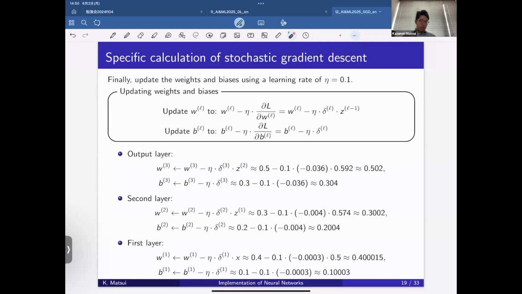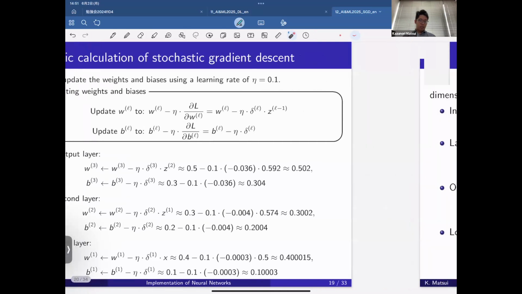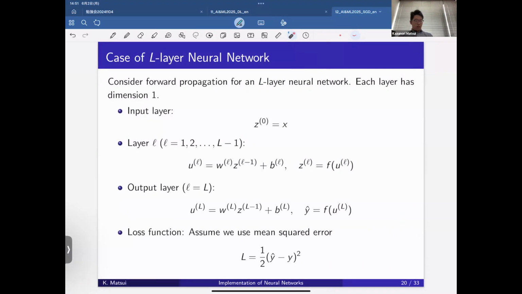Since we understand this far, we can now generalize it and we can calculate for any case. When we think about forward propagation of an L-layer neural network, let's still make the dimension of each layer 1 for now.